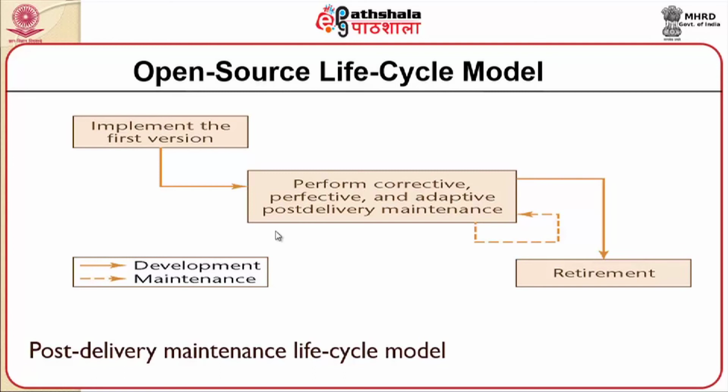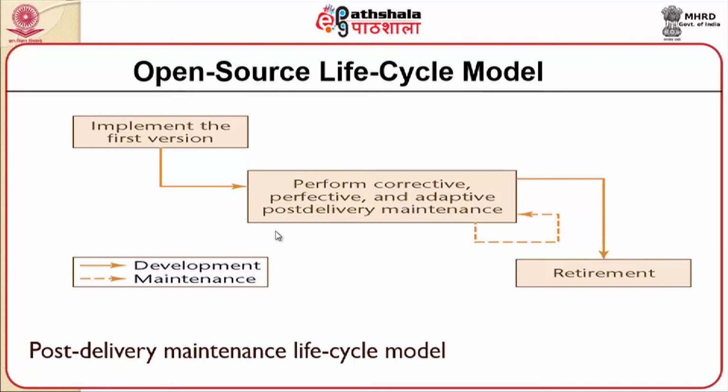What we tend to do is develop an open source lifecycle model, where it is something like the code and fix model where we have implemented the first version, but then we concentrate more on the maintenance phase of it. Since we are talking more of the maintenance, we call this model a post delivery maintenance lifecycle model apart from the open source lifecycle model.